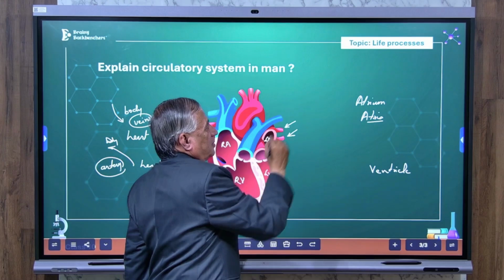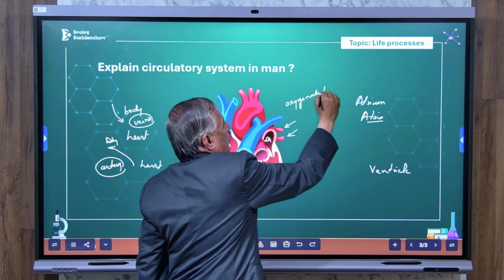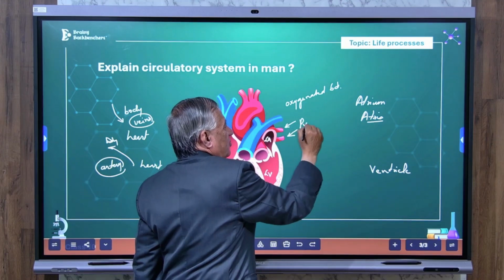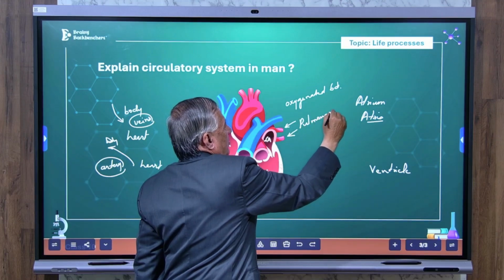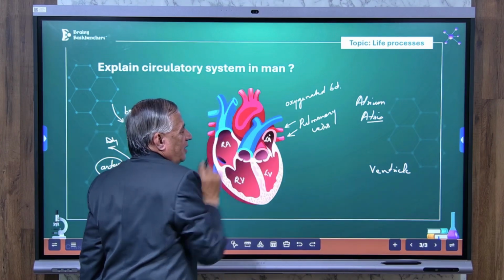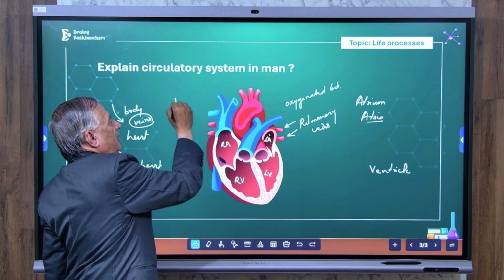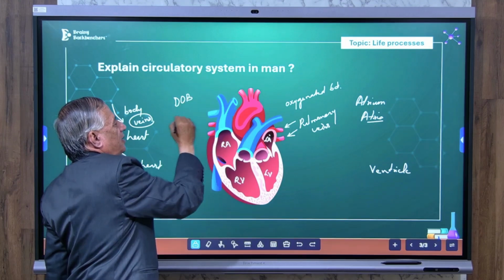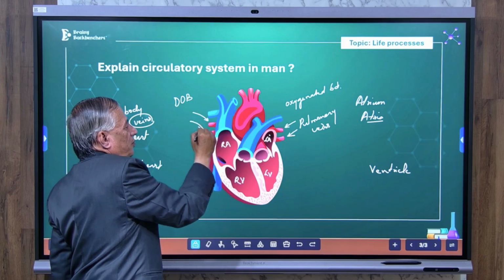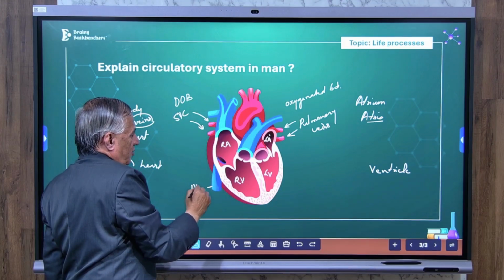Pure blood, this is called oxygenated blood, through pulmonary veins, and they enter into the left auricle. At the same time, deoxygenated blood, impure blood, enters into the right auricle through superior vena cava and inferior vena cava.